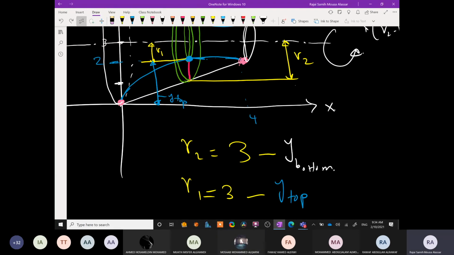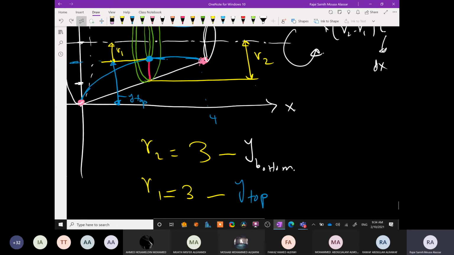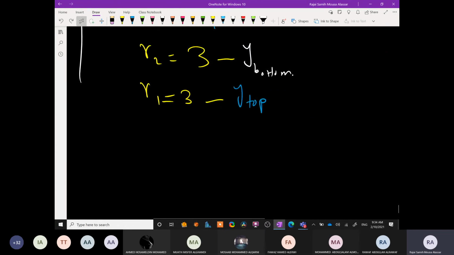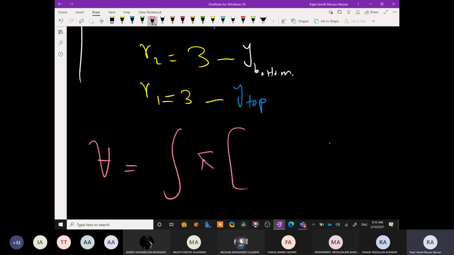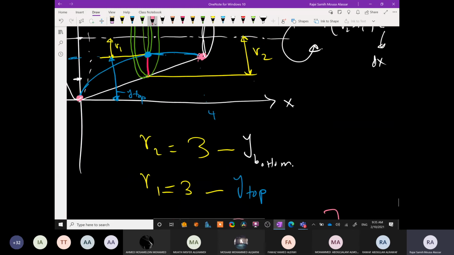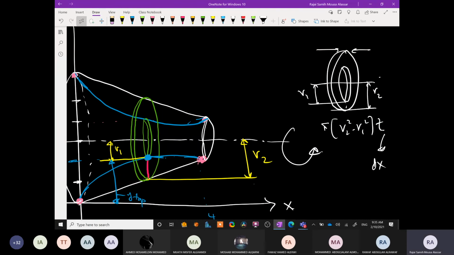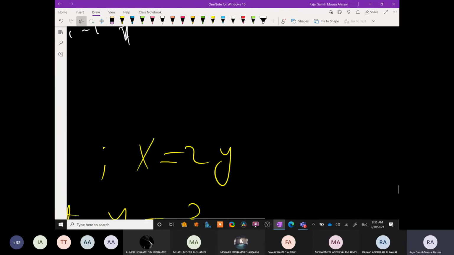Okay, fine. Remember that now we are going to integrate, so this is the volume. You integrate and you have pi, and then this is a dx. So this is going to be R2, which is 3 minus the bottom function, in terms of x.